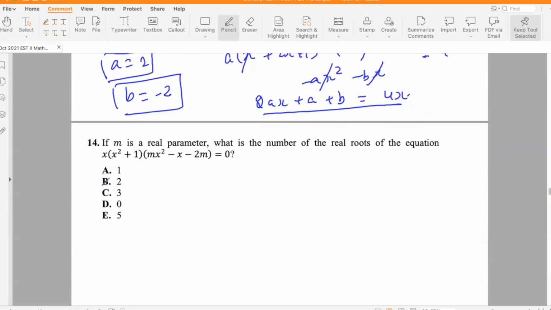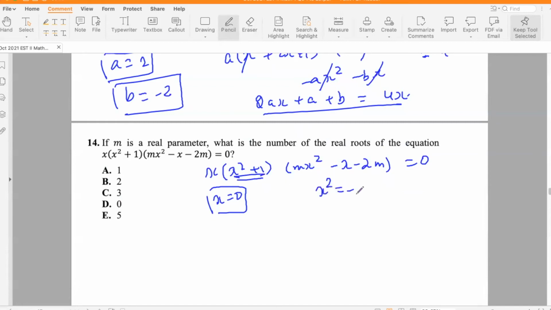If m is a real parameter, what is the number of real roots of this equation? x times (x squared + 1) times (mx squared minus x minus 2m) is 0. So x equal to 0 is one real root. x squared + 1 gives x squared is negative 1, so x is plus minus i. So these are complex roots.